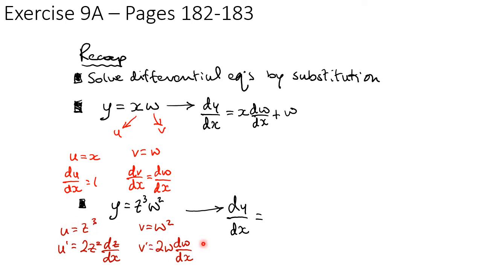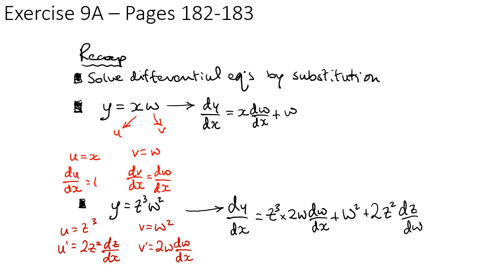It's going to look a bit more complicated than the last one, but the same rules apply. So this will be z cubed times 2w dw dx, plus then these two multiply together, and we could write that as w squared times 3z squared dz dx.